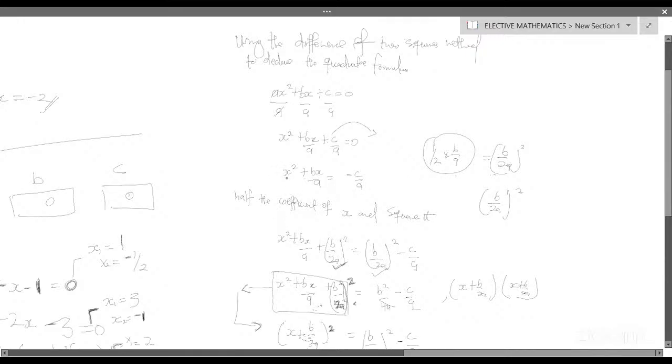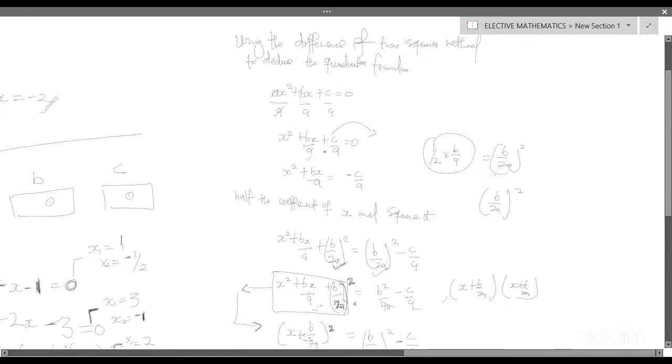Now, in order for us to make x the subject, we have to complete the square. How do we complete the square? By halving the coefficient of x, halving and squaring the coefficient of x. And what's the coefficient of x here? Akosia, what's the coefficient of x here? bx over a.